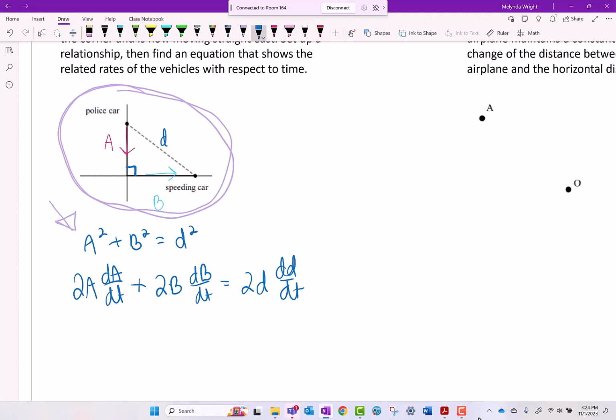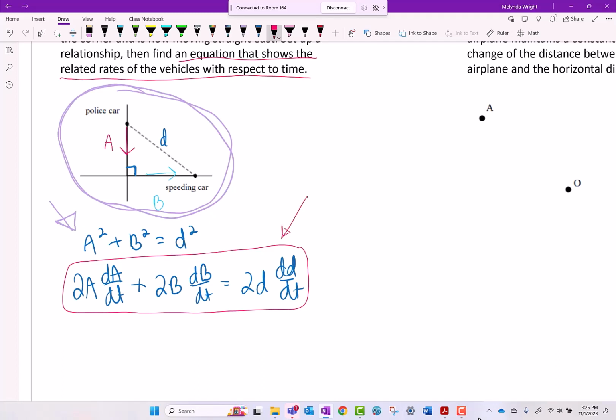And that's really all they want us to do. They just want us to get this far and stop. Their requirement was for us to find the equation that shows the related rates of the vehicles with respect to time. That's what this is. They asked that in weird words, but that's what they're asking for.